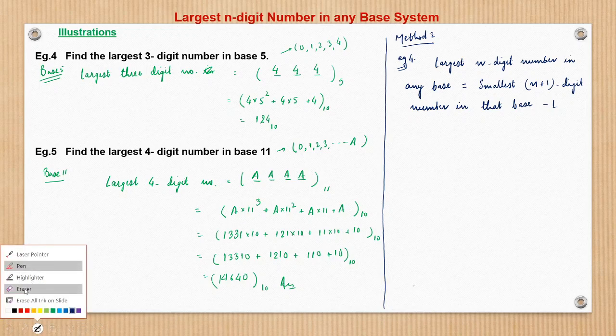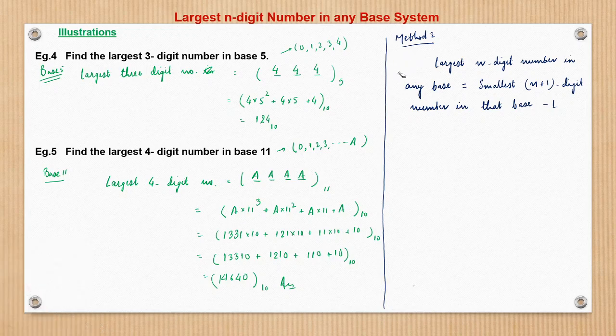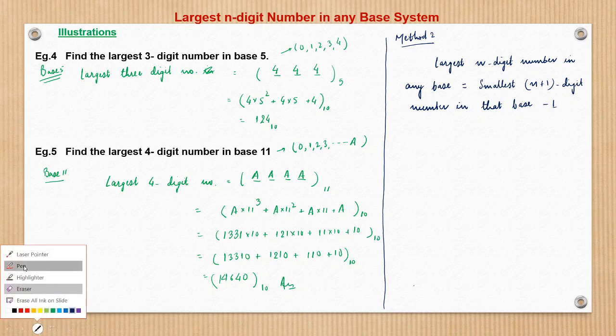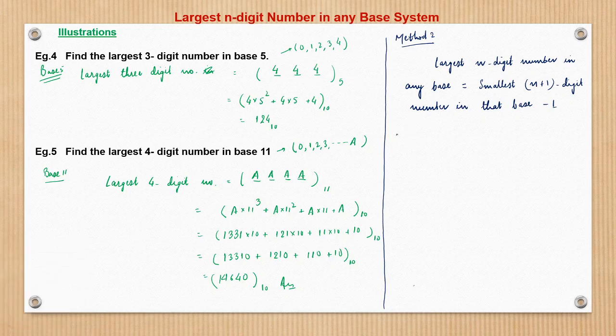I'll show it with examples in the decimal system. So let us see what we are saying here. This is a very standard result which we can remember, and this is important also. If I have to find the largest three-digit number in the decimal system, that is 999, right?